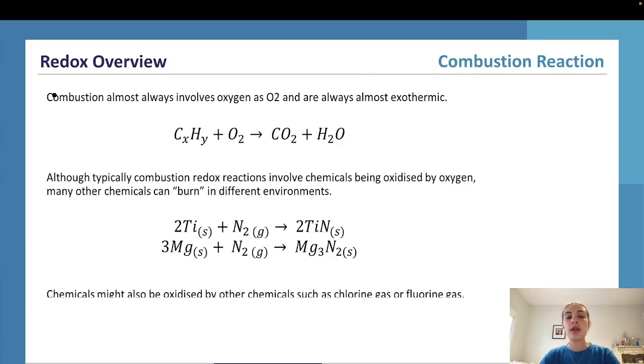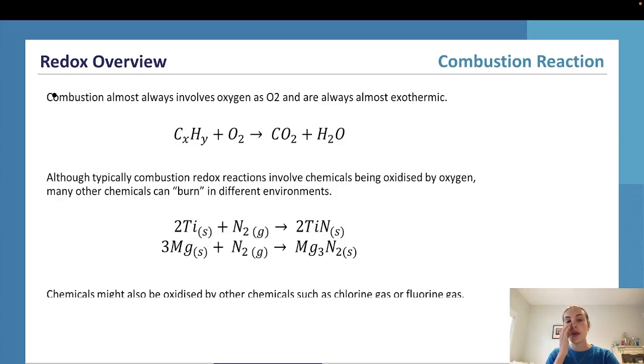The next one we're going to look at is our combustion reactions. Combustion reactions basically always involve oxygen in the form of oxygen gas, O2, and pretty much all of the time are going to be an exothermic reaction.